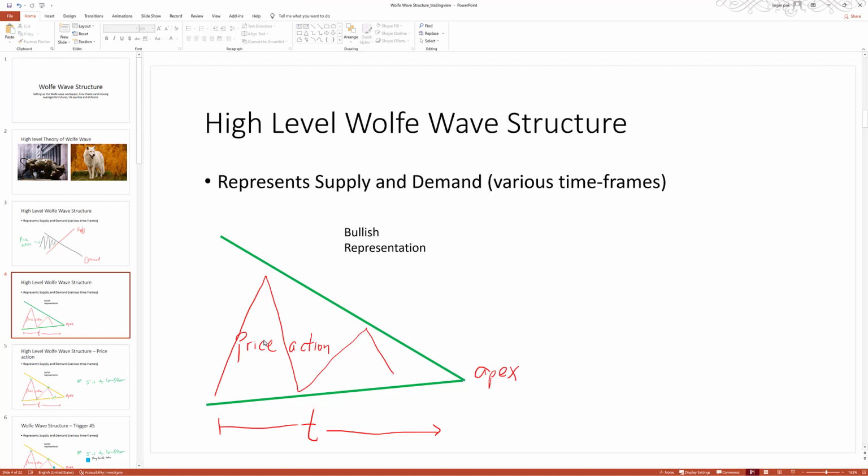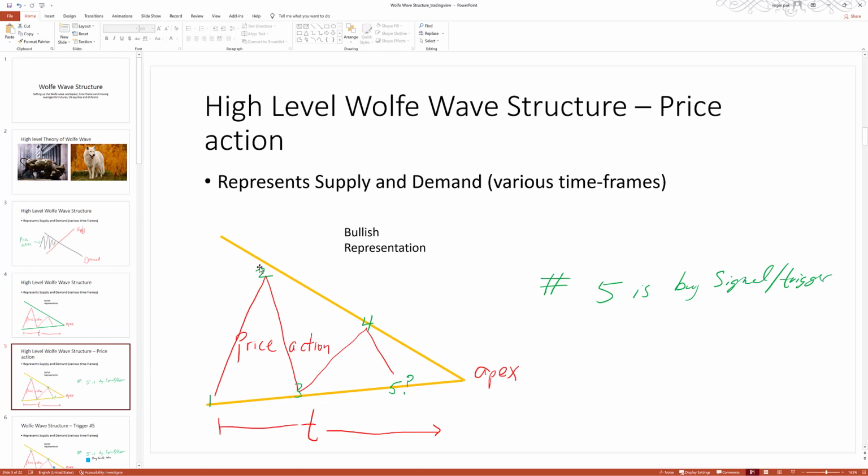And then whatever price action happens within the two lines here, the green lines, then it's going to form this point in time called the apex. So it converges. And that's in theory where time and price is going to meet. So if you draw a vertical line up here straight up, that's where the price target is expected to reach.